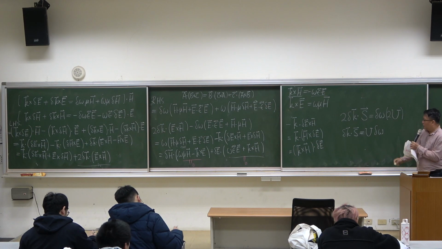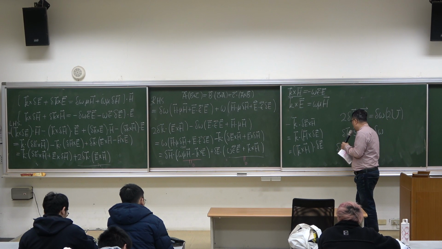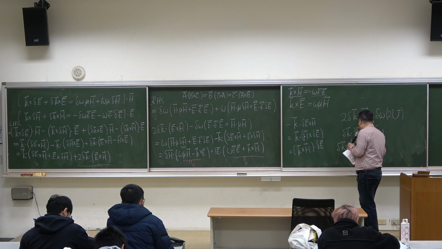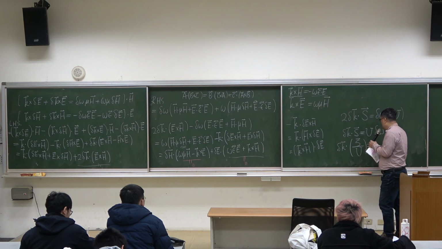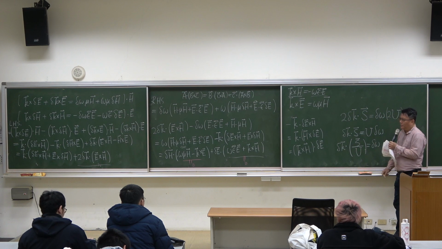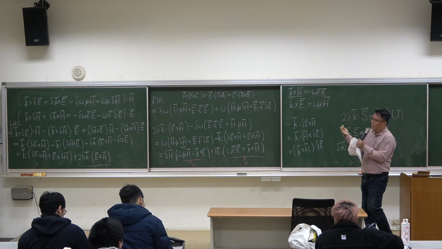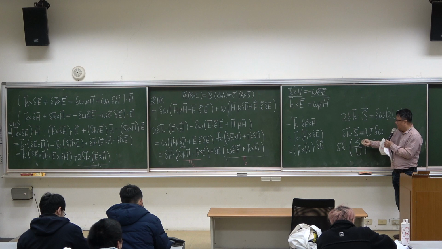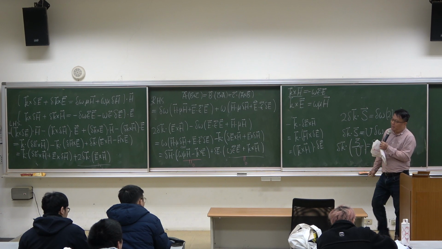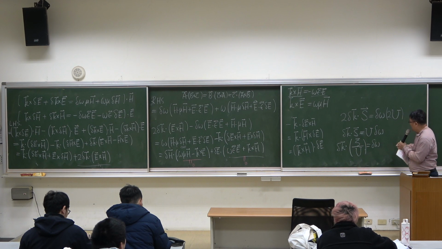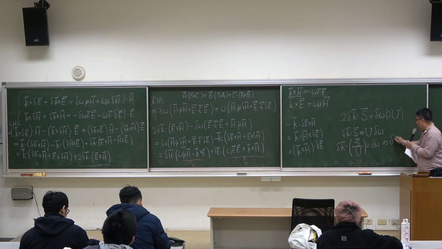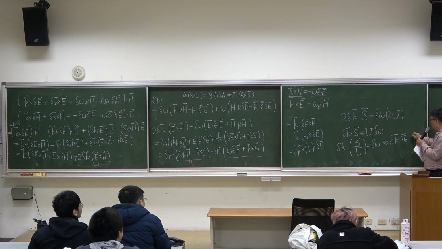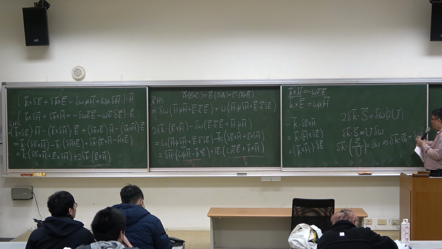So delta k dot S over U is equal to delta omega. But according to our definition, energy velocity is nothing but the Poynting vector divided by the energy density. So this means that delta k dot VE, E means energy, is equal to delta omega.